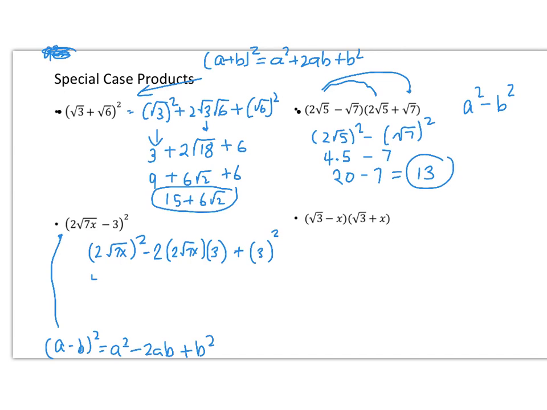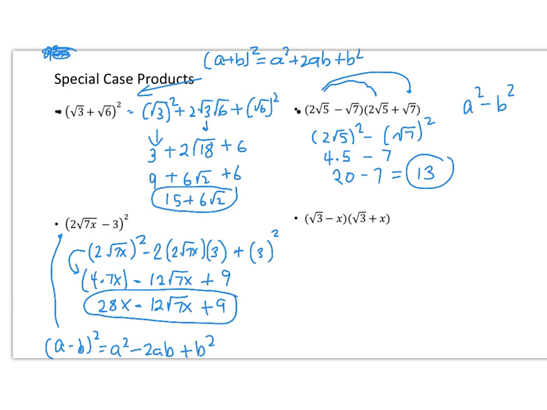So we have 4 times 7x here. That's going to be how we simplify that. The next term we have a 3 and a 2 is 6 times that is a minus 12 square root of 7x when we simplify that, and then the last term is 9. So we end up with 28x minus 12 square root of 7x plus 9. And so that's the answer for this particular problem.